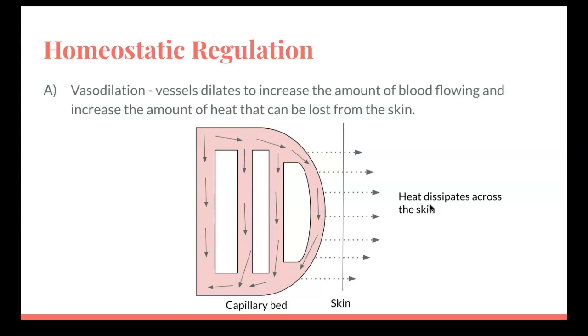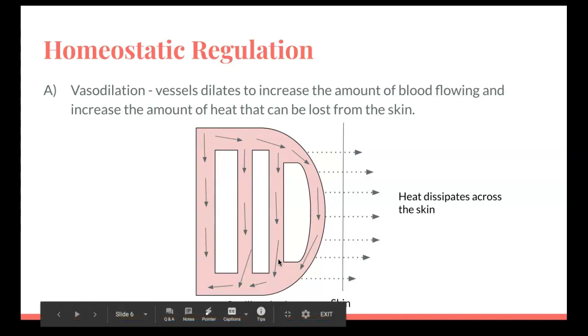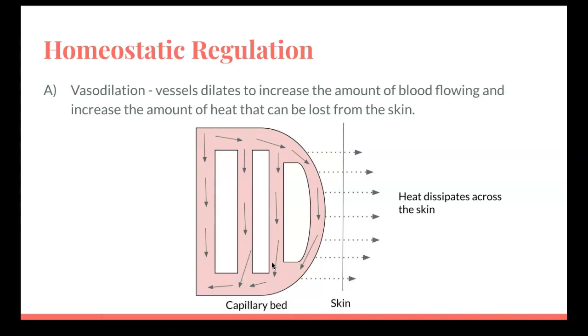That's what's taking the heat away. So if we're dilating our capillaries, they're getting larger so that blood can flow really close to our skin, and then we can get rid of some of the heat that's built up in our body with the help of sweat as well.